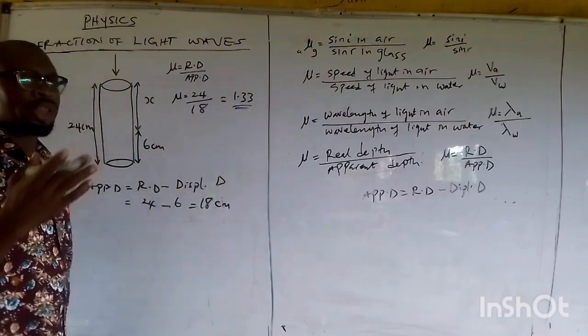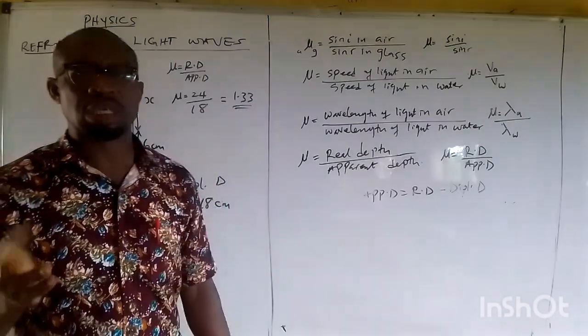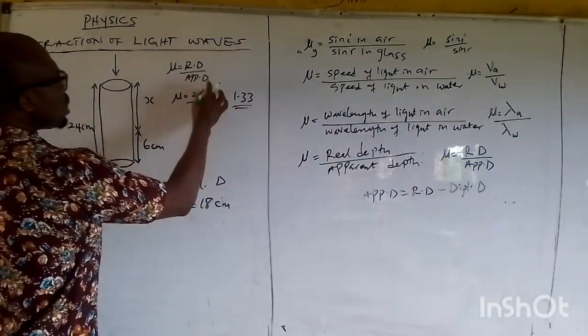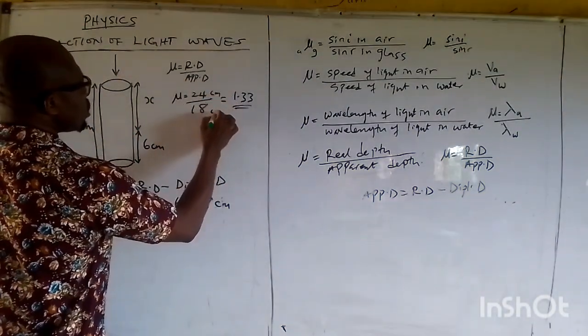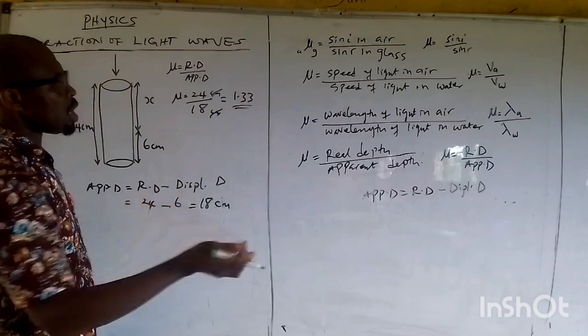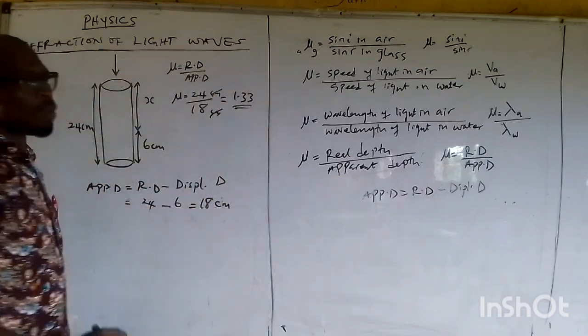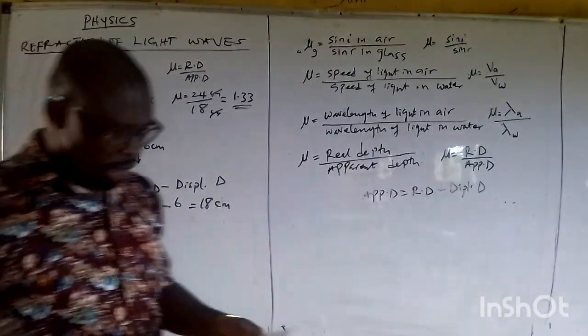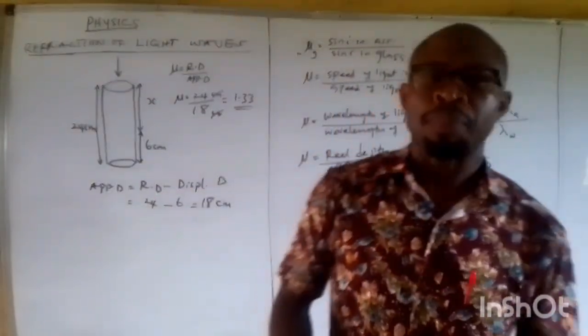And of course, the refractive index does not have an SI unit because this one is in cm, this one is in cm, so cm will cancel out cm, leaving us with 1.33. Okay. So we'll still take another problem.